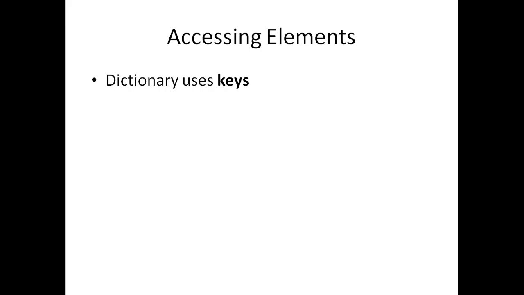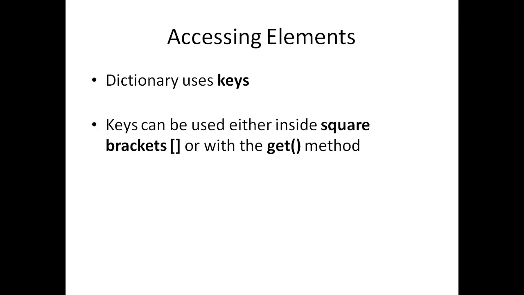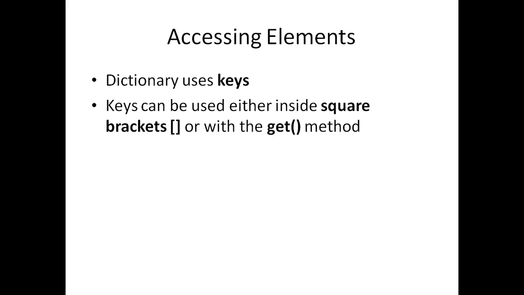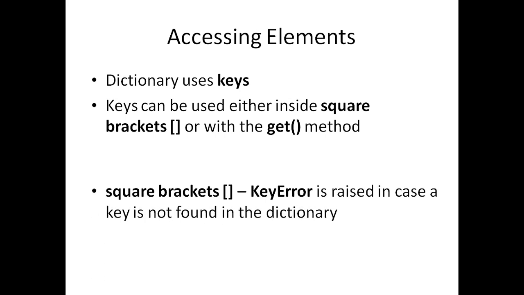So what we use here is that a dictionary uses keys. Keys can be directly used to access the elements. Keys can be used either inside square brackets or with the get method. So within square brackets, we give the key value, or with the get method, we can access the elements.